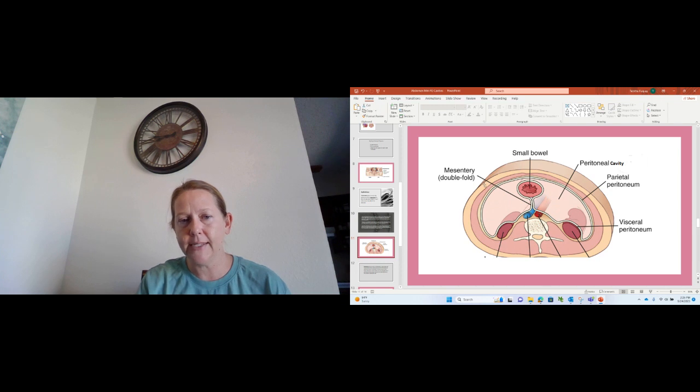So this is a double folded mesentery, meaning the inside will always touch the inside, and the outside will never touch the inside. Let me explain that a little bit better. So the visceral peritoneum means that there is a sac, and this right here is a kidney. So this is a sac. It's like if you put a pickle in a Ziploc bag.